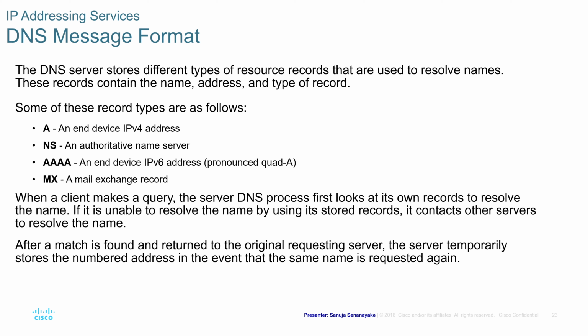If it is unable to resolve the name by using its stored records, it contacts other servers to resolve the name. After a match is found and returned to the original requesting server, the server temporarily stores the numbered address in the event that the same name is requested again.